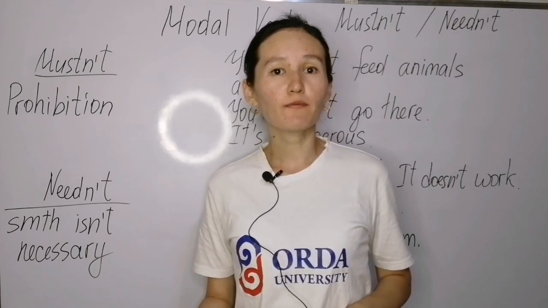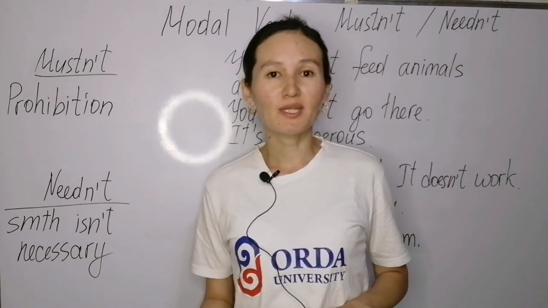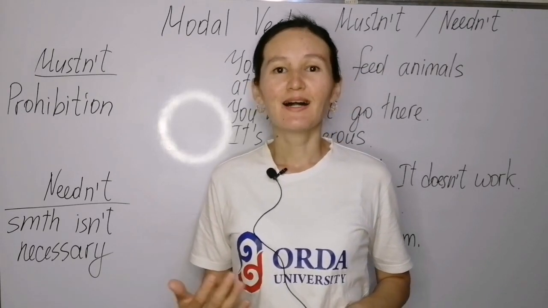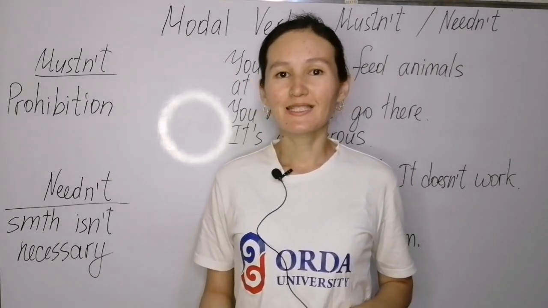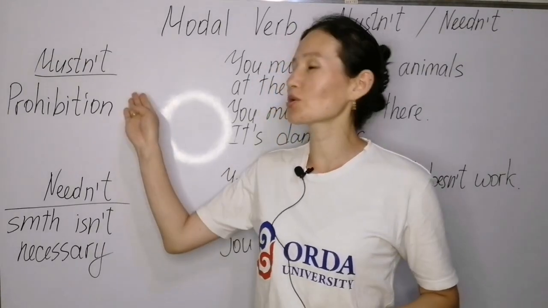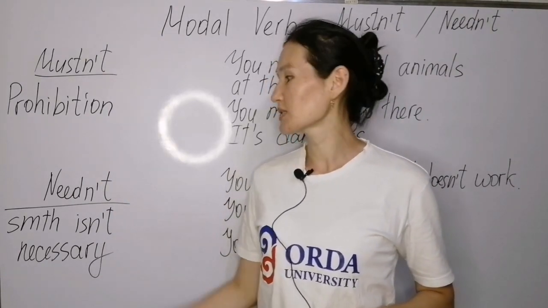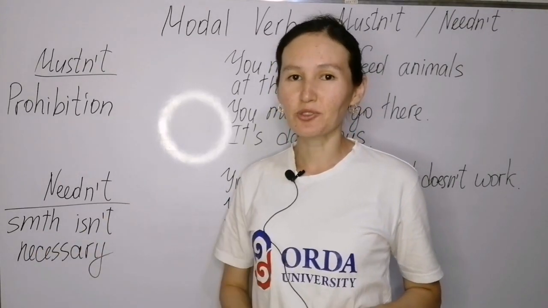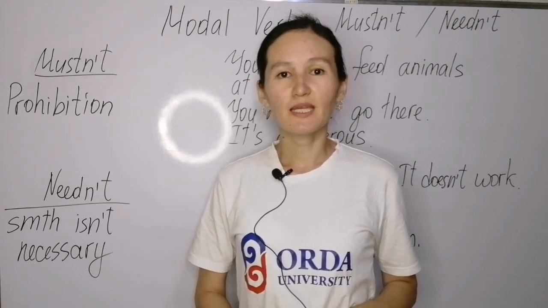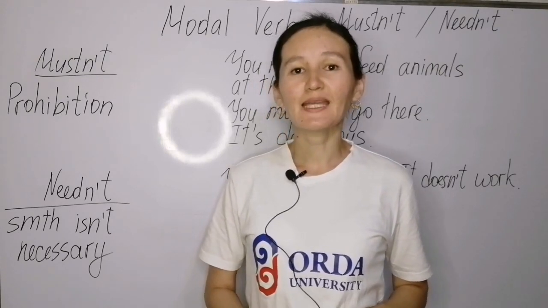Those are modal verbs, used to express different ideas such as ability, possibility, permission, to make an offer, to make a request, and etc. Mustn't is used to talk about prohibition, and needn't is used to talk about something that is not necessary. The form is mustn't plus bare infinitive or needn't plus bare infinitive.